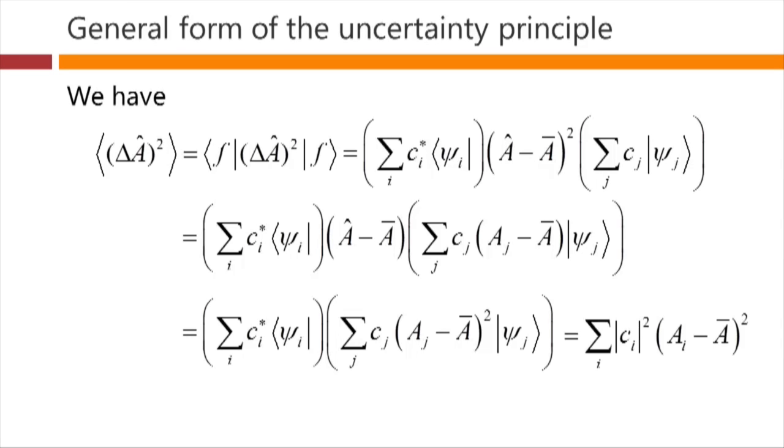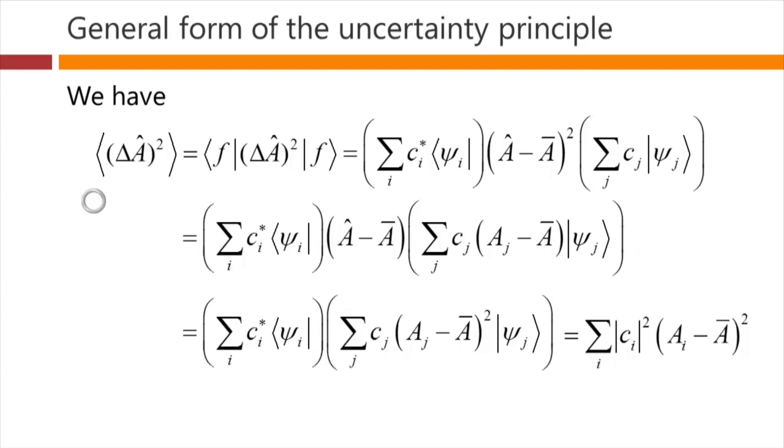And of course, because the psi i and the psi j are members of this orthonormal set here, we only have terms surviving in this sum over i and j when i is equal to j. By the orthonormality of these, that gives us 1 in each case when i and j are the same and 0 otherwise.